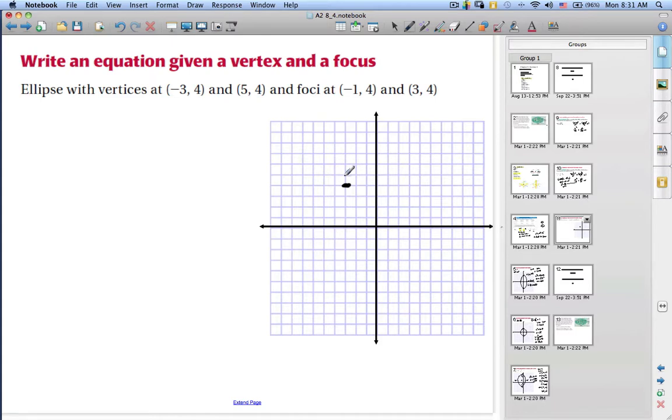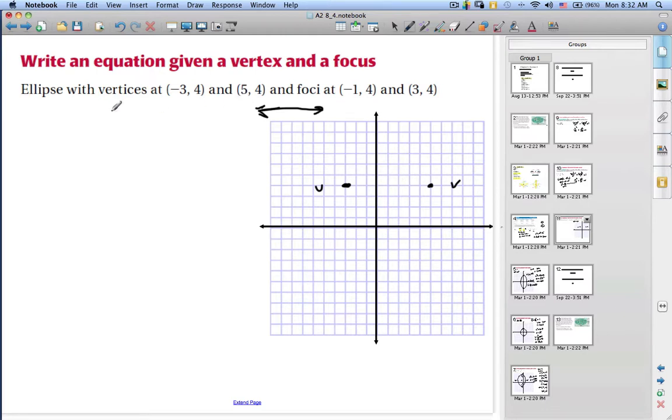And at 5, 4, I have another. If these are my vertices, then this is a horizontally oriented ellipse.